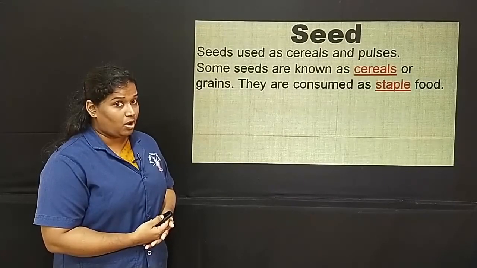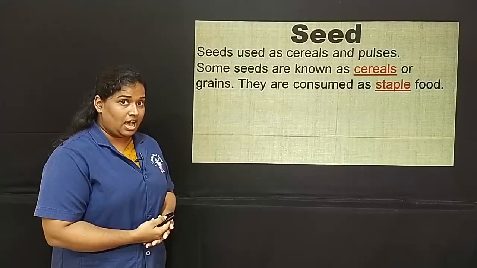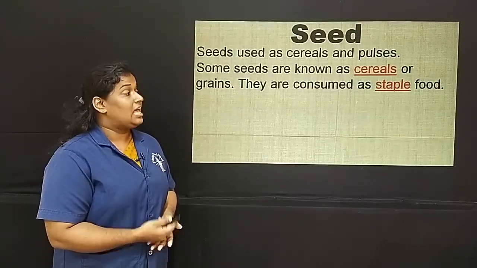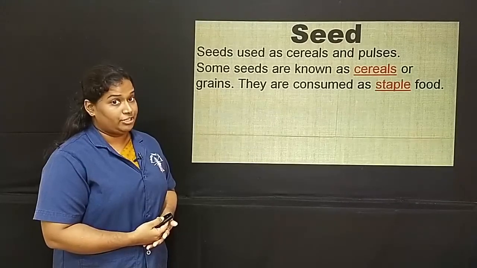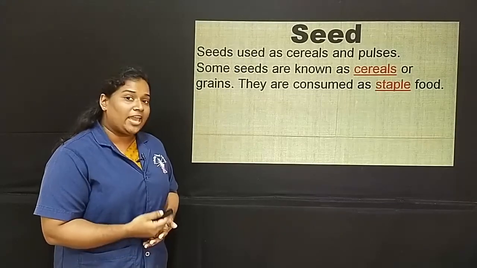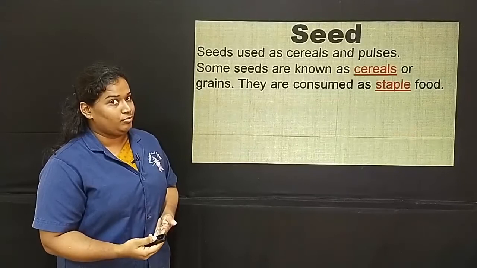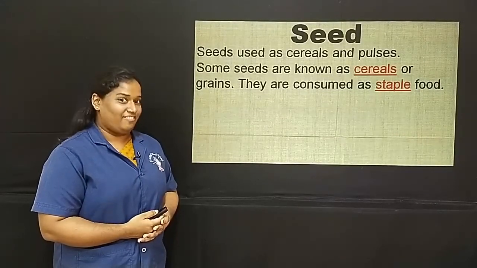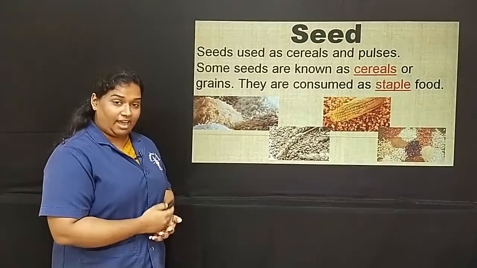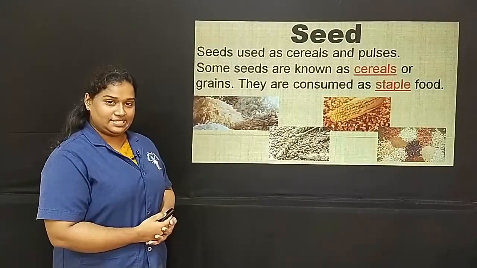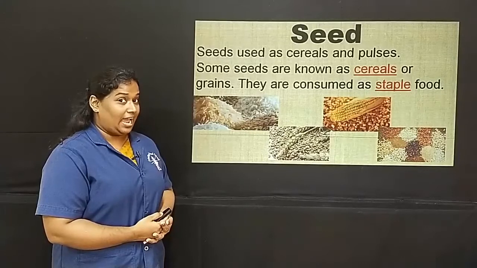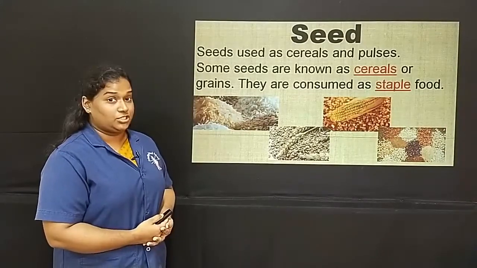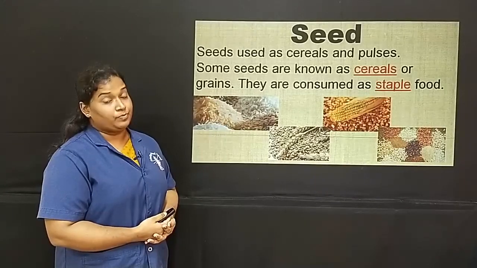Cereals, which are also called grains, are the seeds which are consumed as staple food, which means the main food which is consumed regularly. Which are those? Very good. Rice, maize, wheat and millets are examples of cereals which we consume.